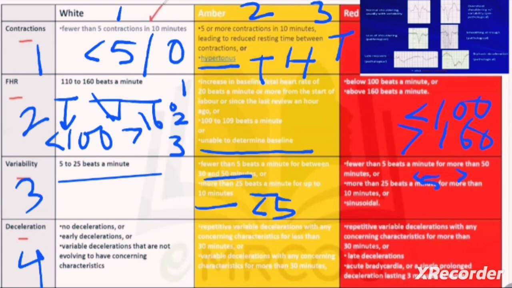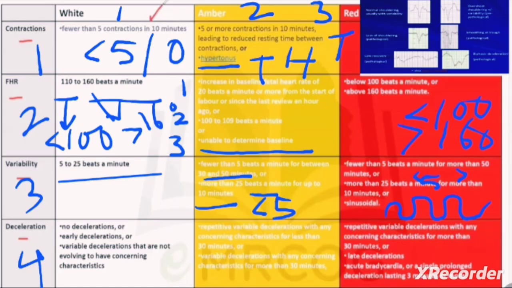And if it is more than 25 beats for more than 10 minutes, it's again an abnormal feature. So less than 5 for more than 50, or more than 25 for more than 10 minutes, is categorized as a red feature. Also, if there is a sinusoidal pattern of the fetal heart, we expedite the delivery.